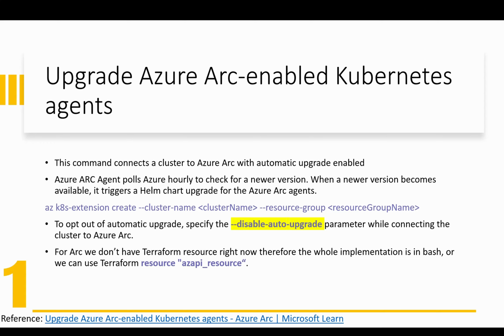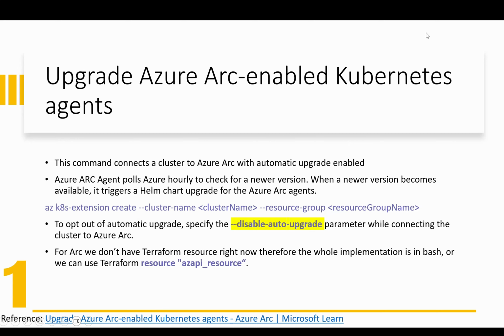How can we upgrade this agent? You have two possibilities. Either you accept operational overhead and do the upgrade manually, or you avoid operational overhead, which I would recommend, by using auto update.